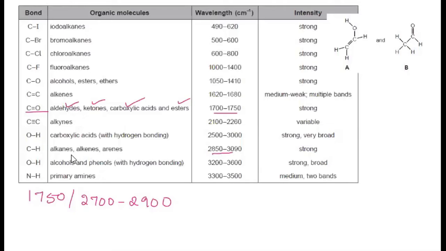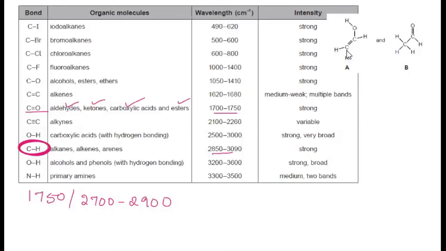Irrespective of which carbon chain it is, a CH bond will give rise to a peak around 2700 to 2900. In both our molecules, we have a CH bond. We have the CH bond which is connected to a C double bond C as well as a C single bond C. So this could be because of this particular bond. The CH bond would be most likely to give rise to the 2700, 2900 peak.